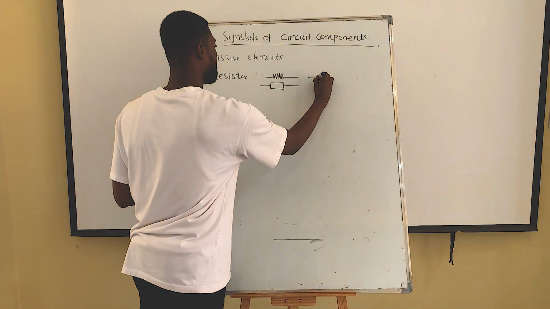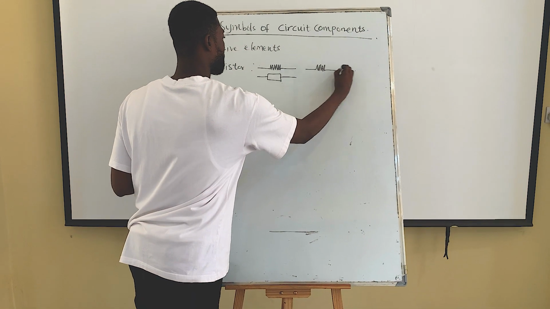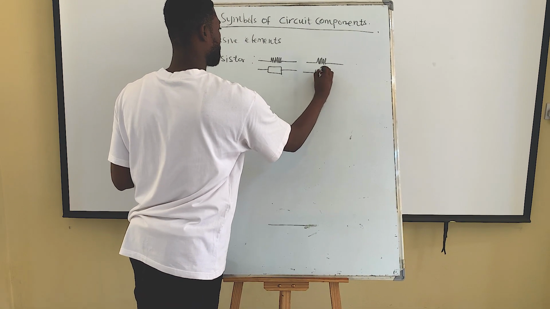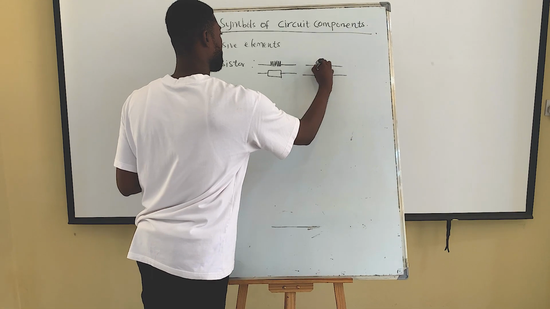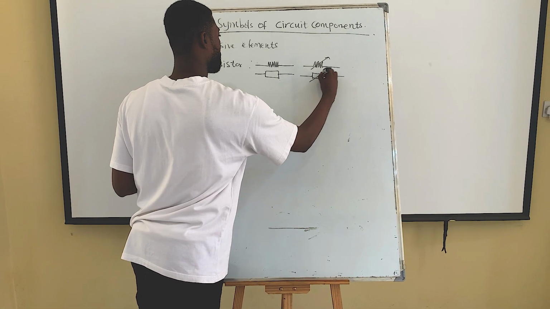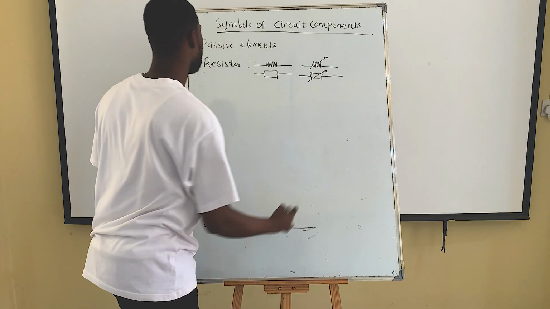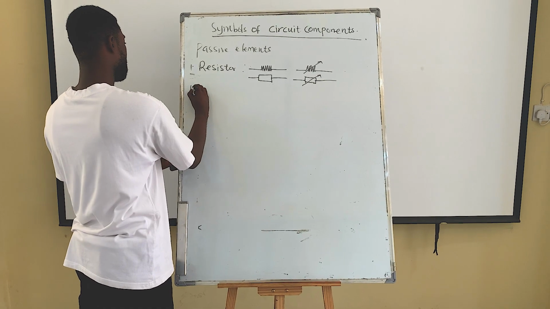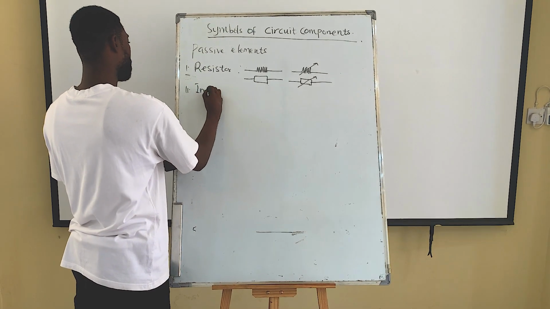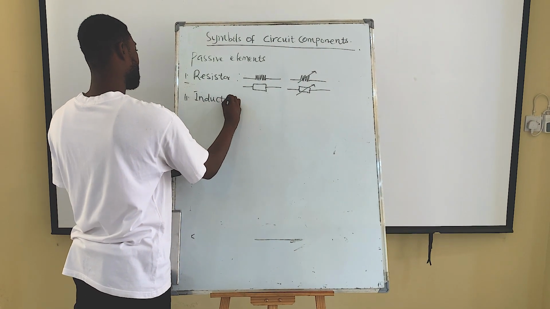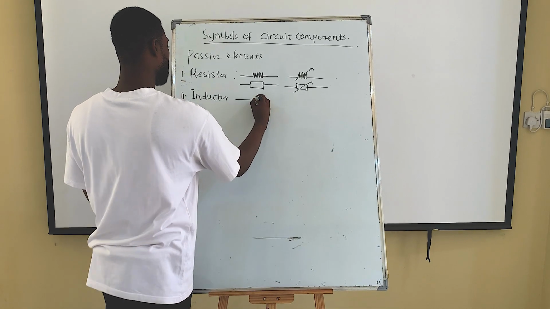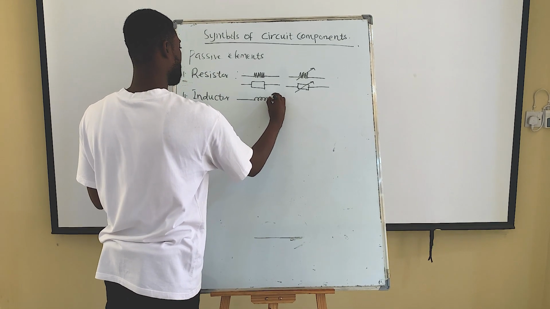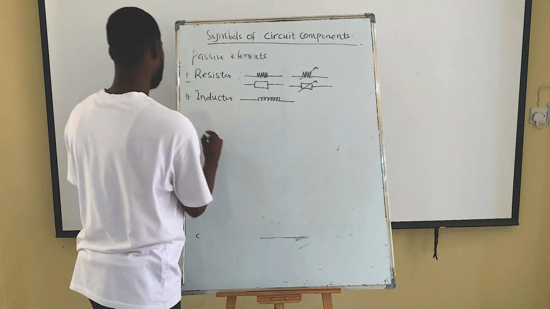We also have this type of resistor. This is what we call a variable resistor. Then, if you want to represent an inductor, we are going to use this symbol to represent an inductor.